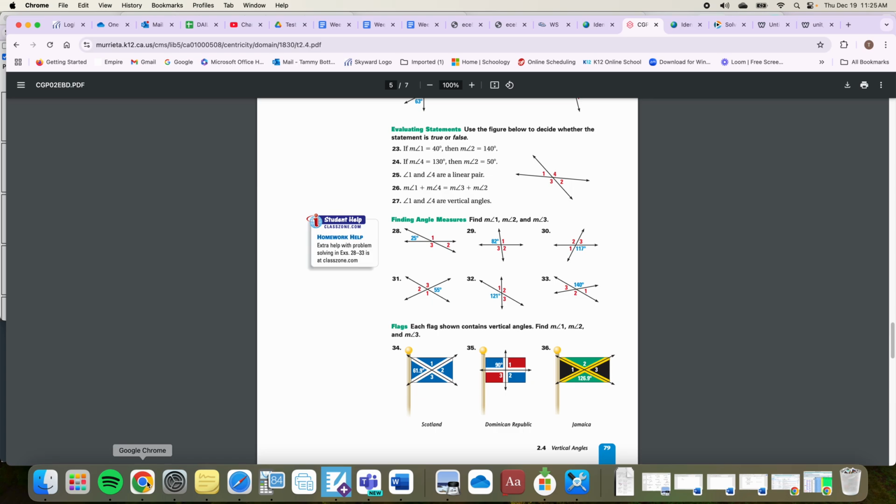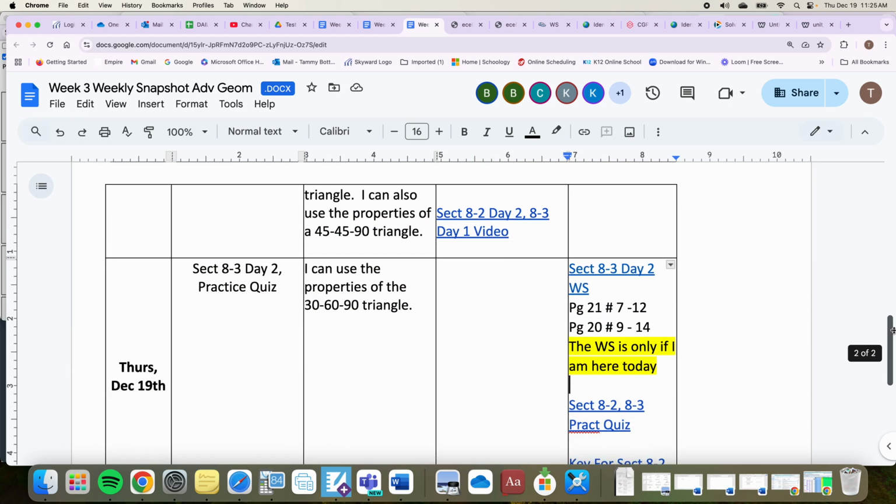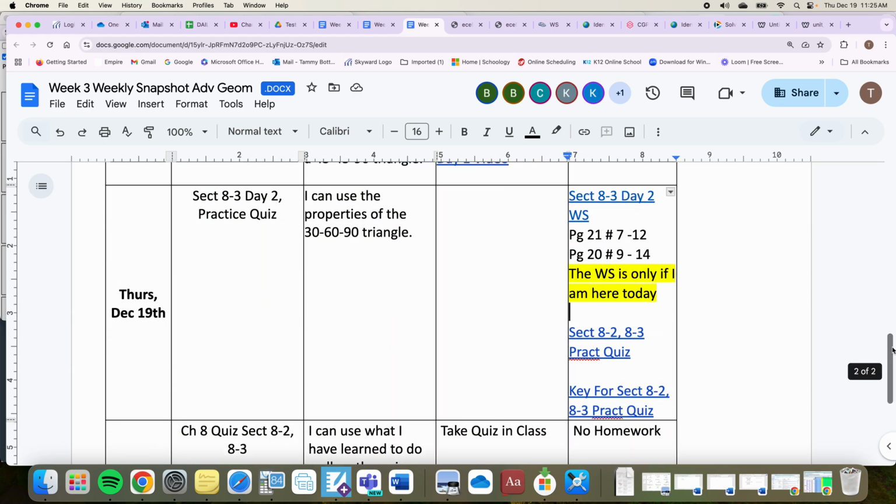I'll write it up there, yeah. It says in Schoology which problems to do on the worksheet, but I will also, so, if you guys look here, here's the worksheet, and these are the problems you're gonna do, okay?